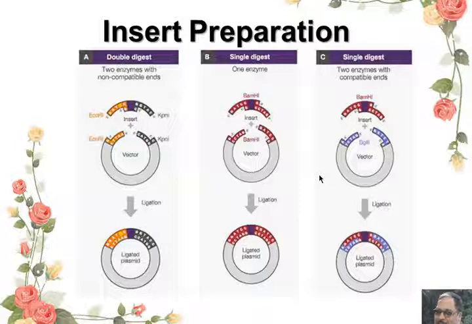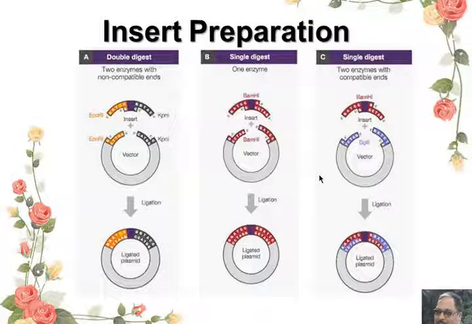Now in situations where it is not possible to use a single restriction enzyme, a pair of enzymes that have different recognition sequences but generate compatible overhangs can be considered as an alternative. For example, BamHI recognizes the GGATCC palindromic sequence, and BglII recognizes AGATCT.